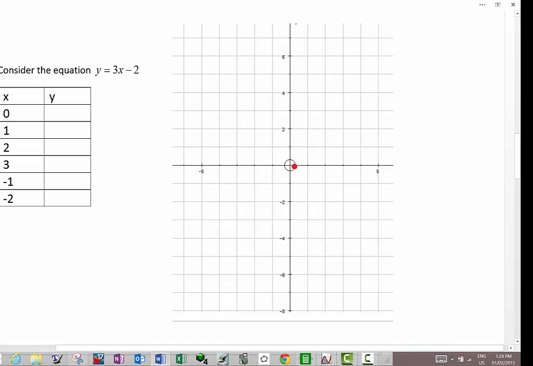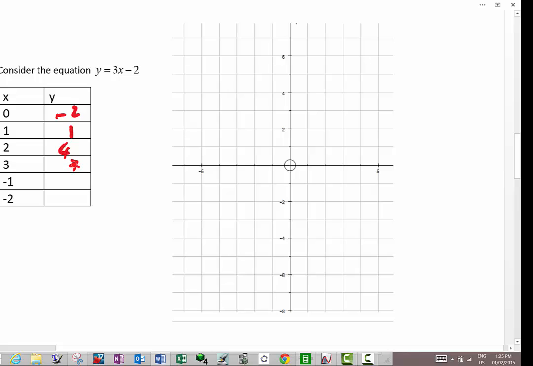This vertical line here is where x equals 0. If x equals 0, then y is 3 times 0 minus 2, which is minus 2. If x is 1, which is here, then the y coordinate is 3 times 1, 3 minus 2, which is 1. If x is 2, y is 3 times 2, which is 6, subtract 2 is 4. And if x is 3, y is 3 times 3, which is 9, subtract 2, which is 7.